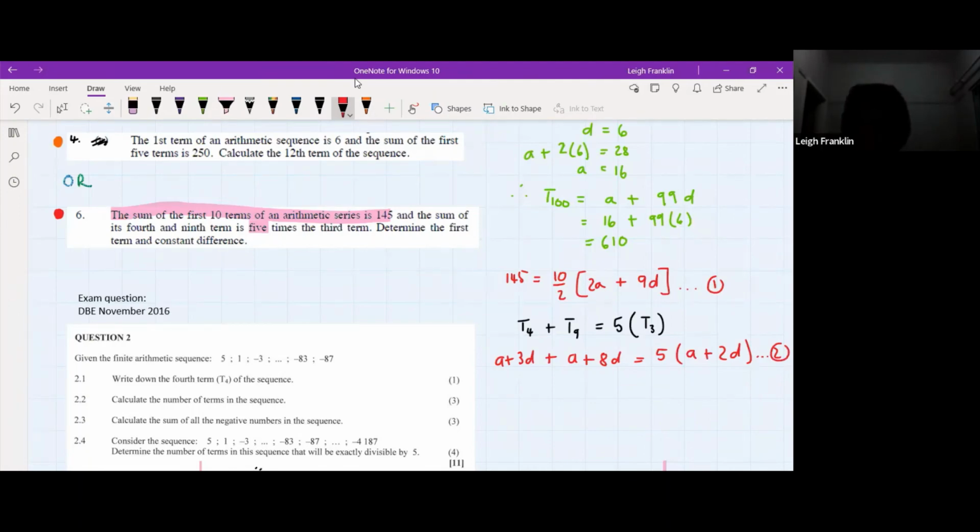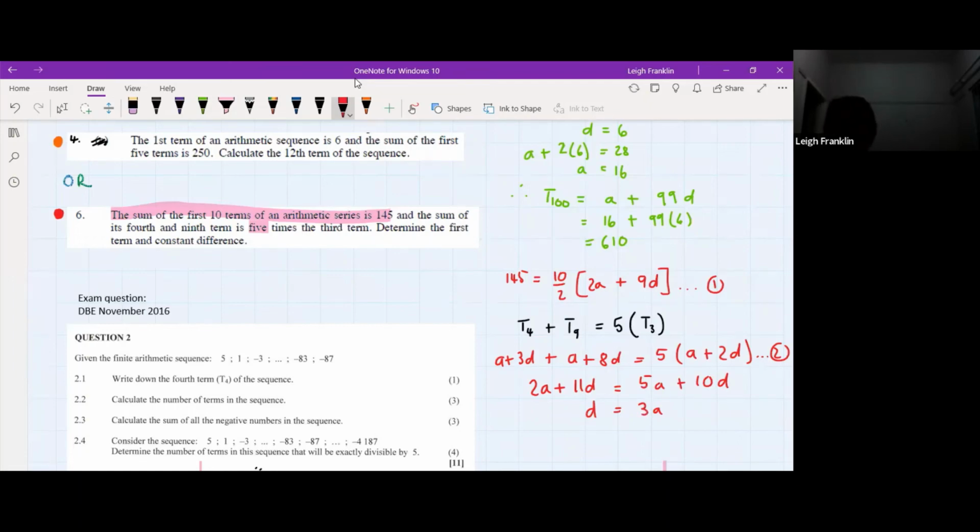Okay, so now you'd need to expand the brackets, simplify, etc., etc. So that would give us 2A plus 11D is equal to 5A plus 10D. So taking the D's to one side and the A's to the other side, I'm going to end up with 1D on the left, and I'm going to end up with 3A on the right-hand side.